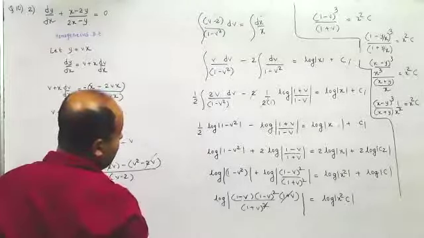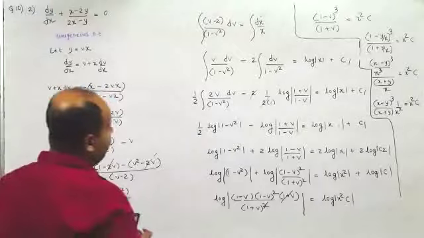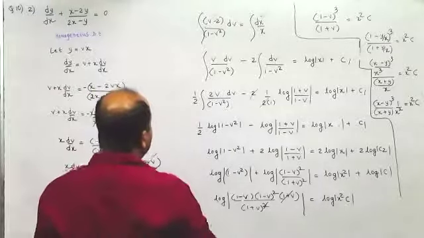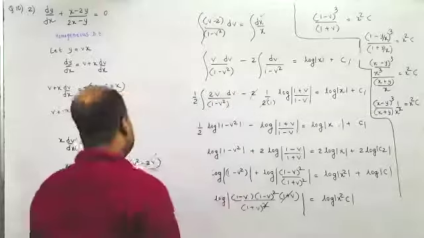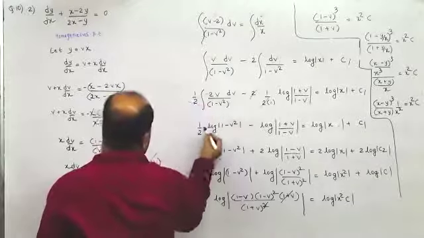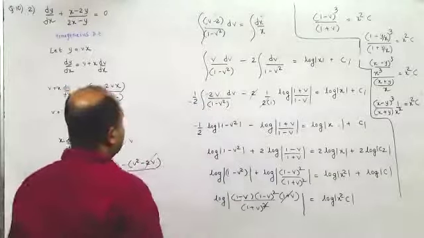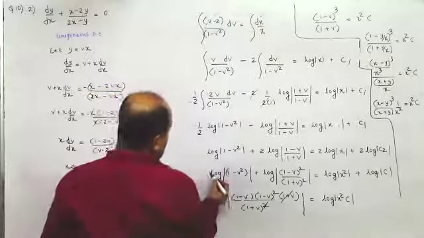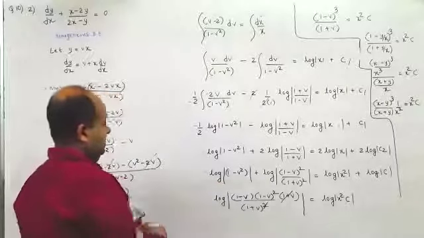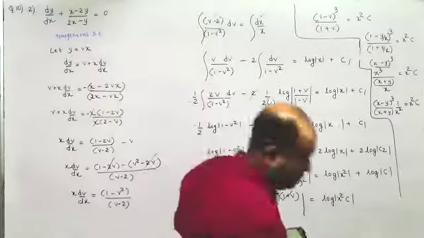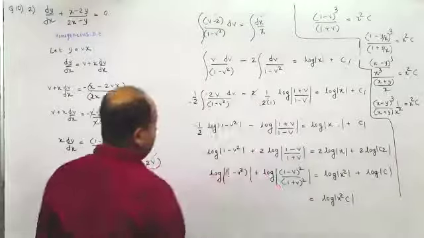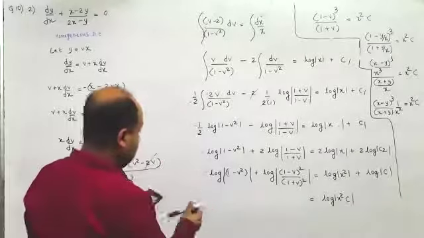Didn't get you, what did you say? In the v upon 1 minus v square, the derivative would be minus 2v. Yes, it should have been minus. So this is minus log (1 minus v square).